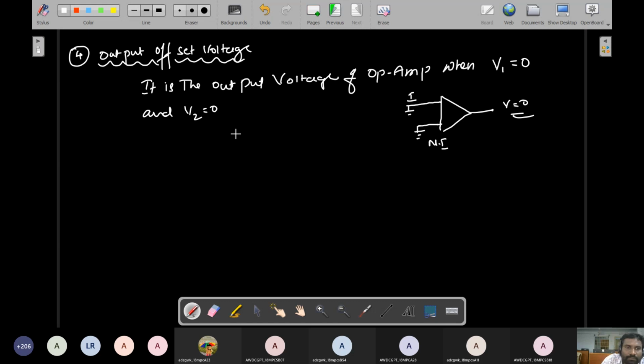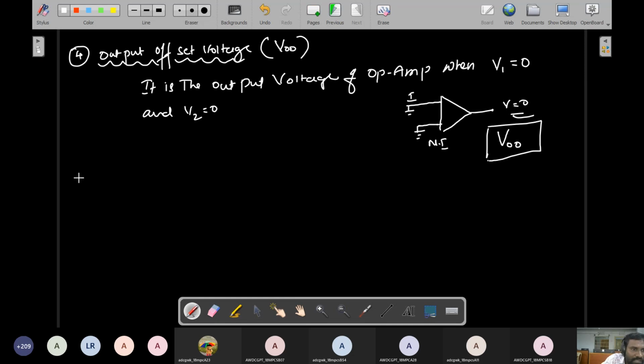This voltage is called the output offset voltage, and it is represented by V naught naught.